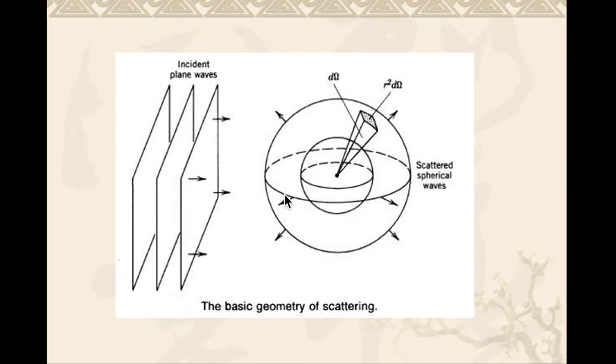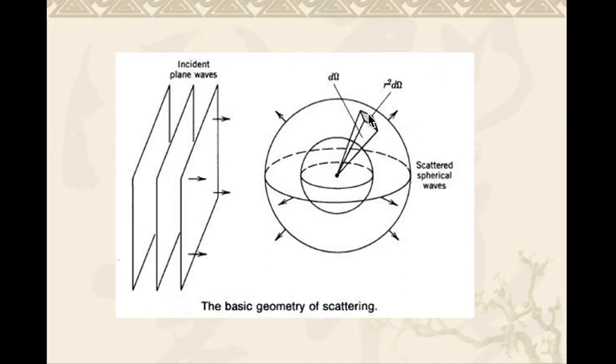This is what we have already mentioned. You have plane waves, and after scattering you have spherical waves, and those spherical waves are scattering onto a spherical surface. At an instant, let r be the distance you are calculating, and at that r you can see these arrow marks. They are the scattered ones, and they show the direction of scattering. As time increases, the radius also increases.